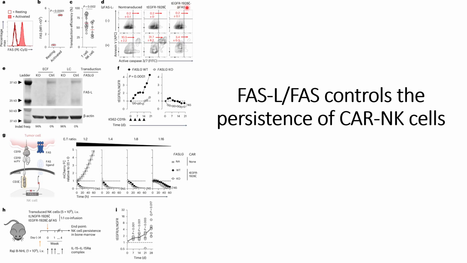these FAS signalings. What they were able to see is that in the absence of FAS-L ligand, all of them show almost no presence of annexin 5 or active caspase, which are markers for apoptosis.